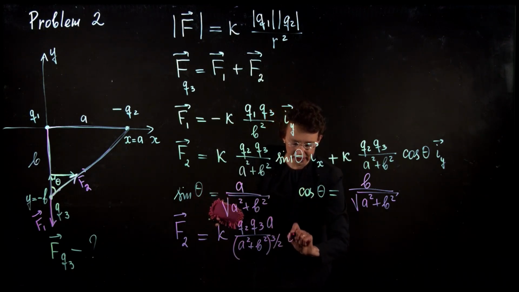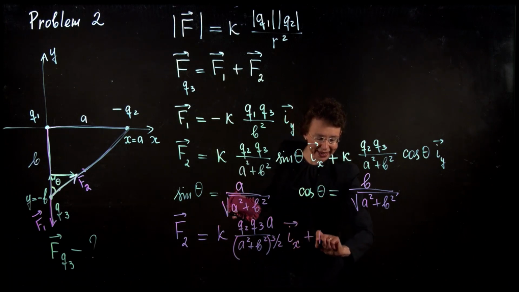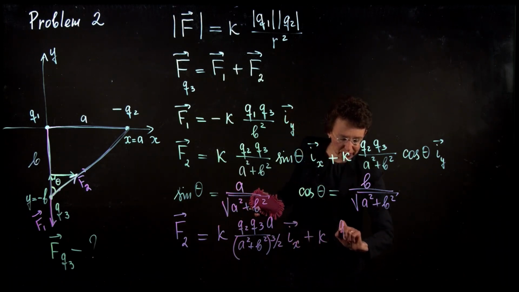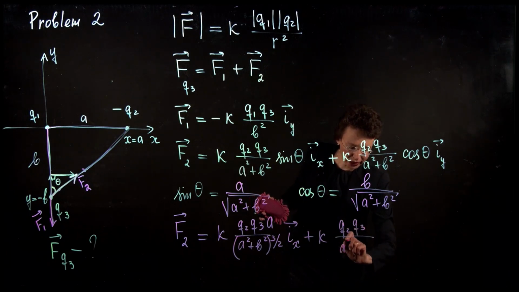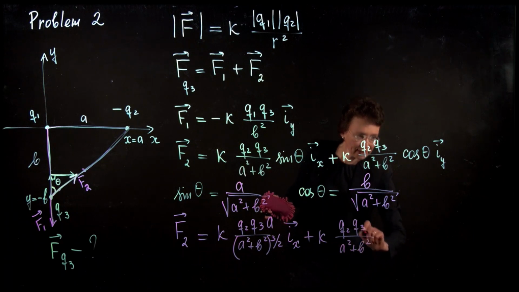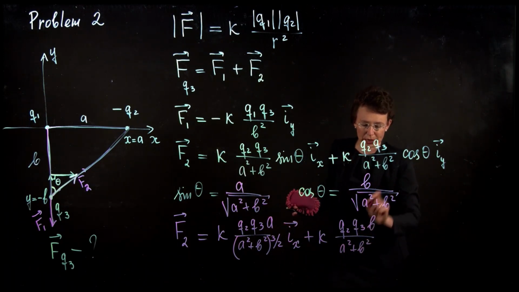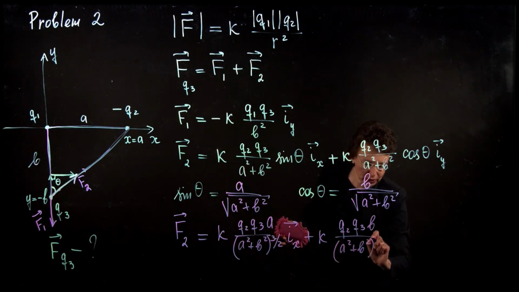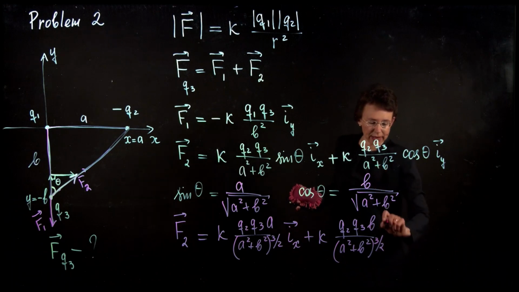And this is the x component of F2. And then it is plus k, q2, q3, divided by a squared plus b squared. And cosine theta is b, and then the square root of a squared plus b squared. So here we'll have a squared plus b squared to the 3/2 iy.